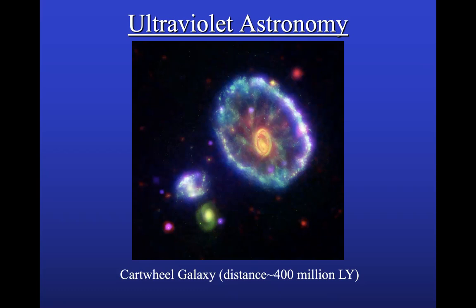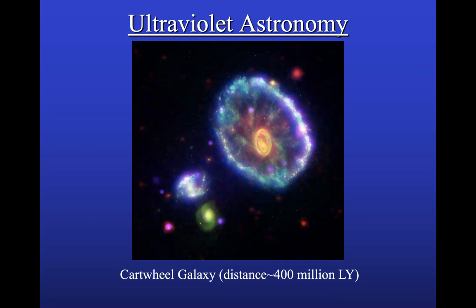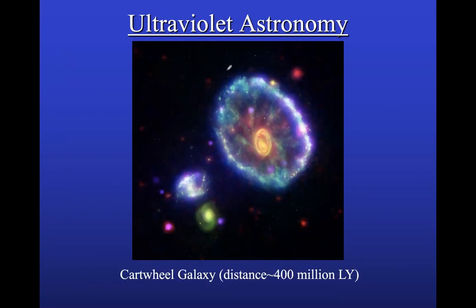You can see all these outer shells in this galaxy. Sorry, let me show you which one is actually the Cartwheel galaxy. So this is the Cartwheel galaxy. We think that it may have merged, or it is going to merge with this particular galaxy one day.